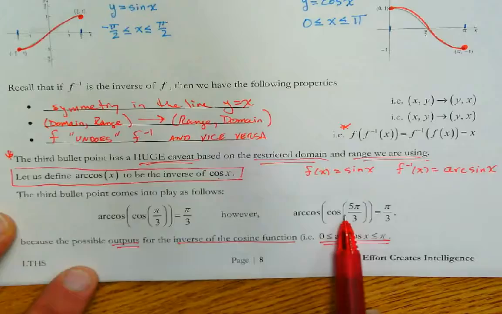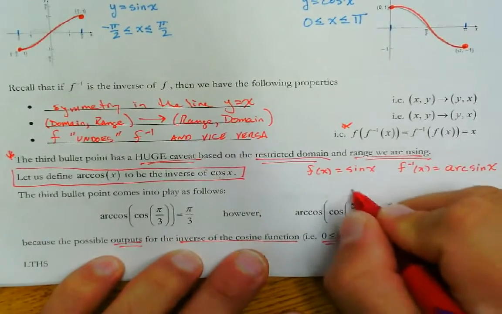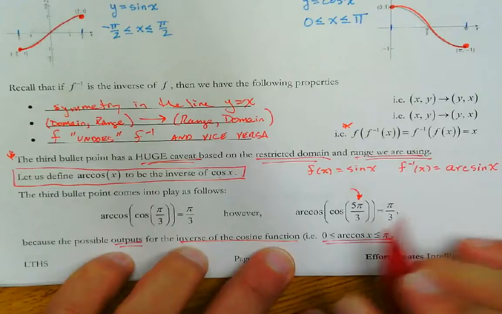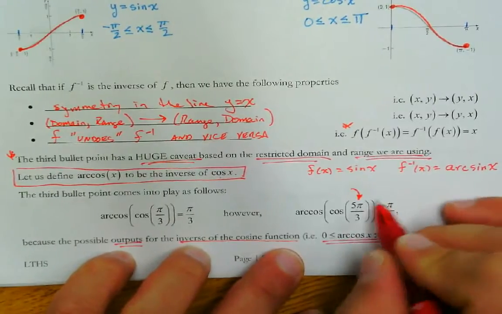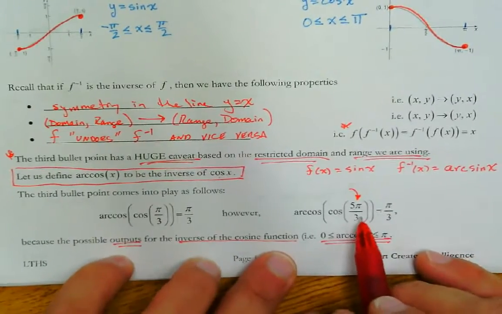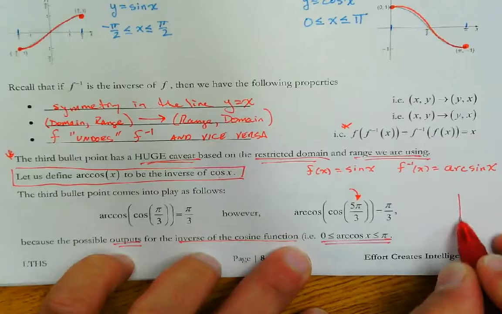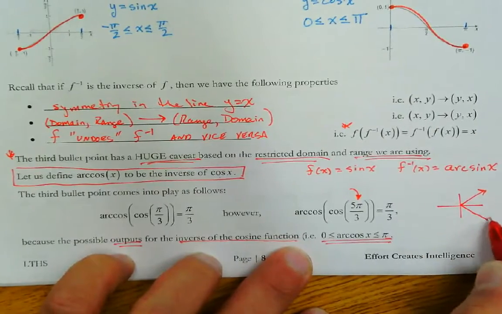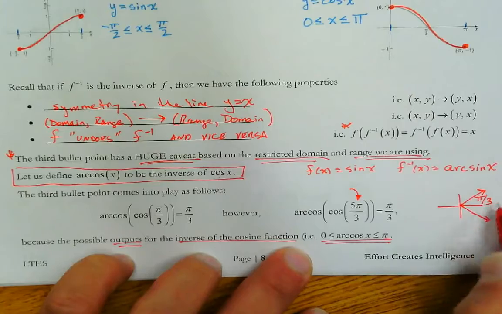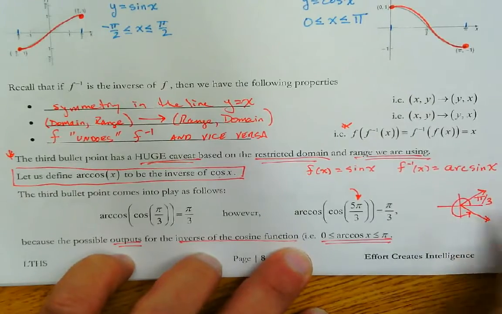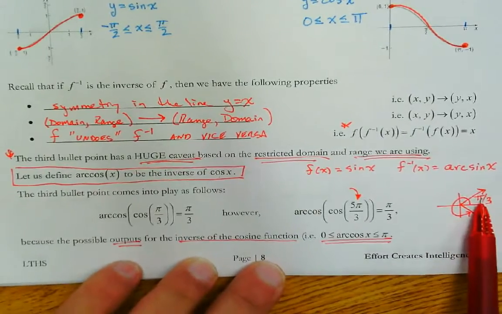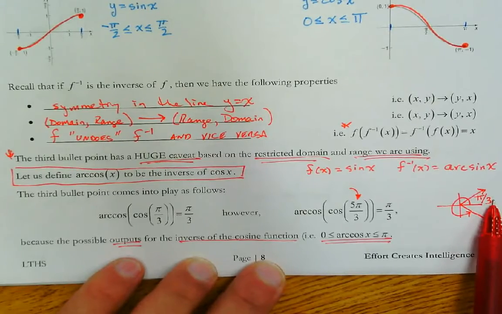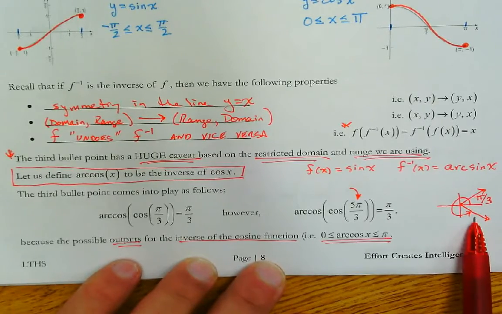Awesome. But if I look at this one, my input here, 5 pi over 3, the cosine of 5 pi over 3 is the same as the cosine of pi over 3. If we consider the quadrants that we're in, in this quadrant the cosine has a ratio of 1/2 for pi over 3, and in this quadrant, the same ratio.